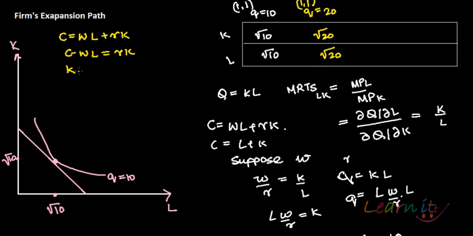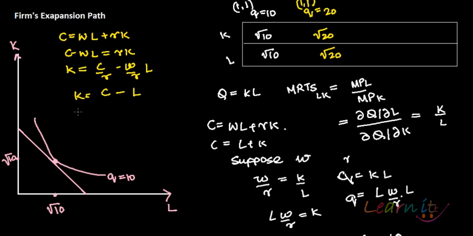I can also write this as K equals C by R minus W by R L. Now I know that my W by R is unchanged. Because R is 1, W by R is 1, so K is equal to C minus L.